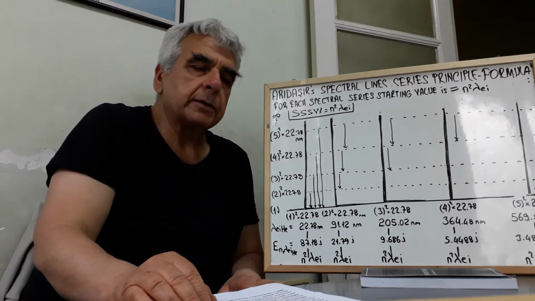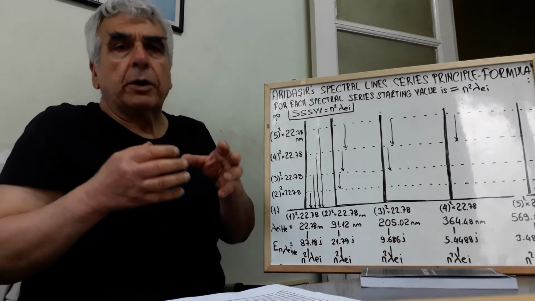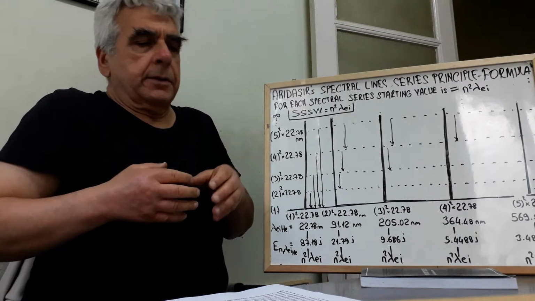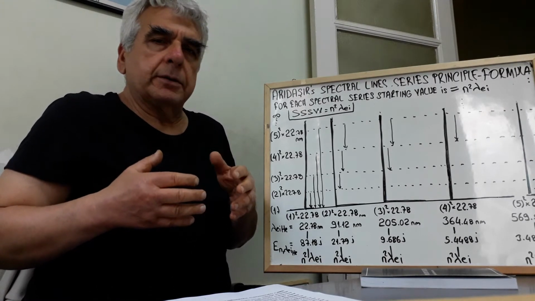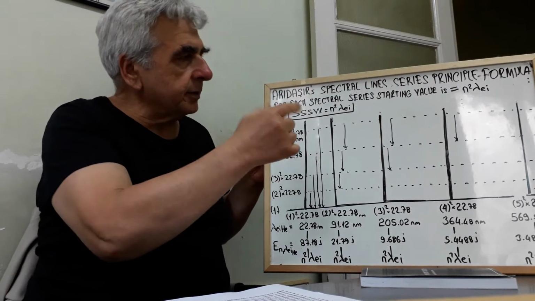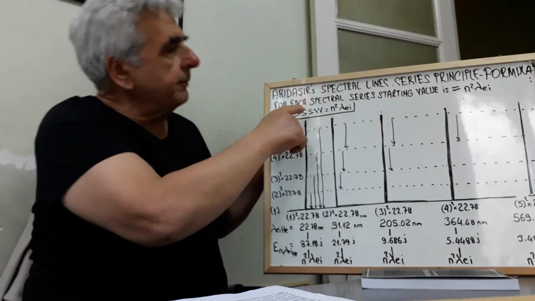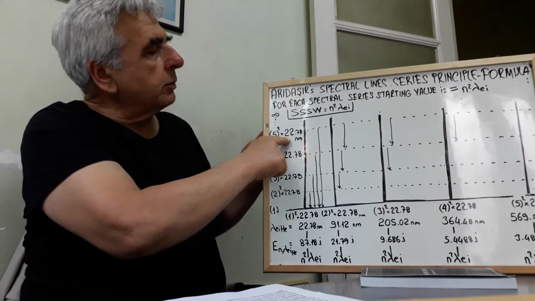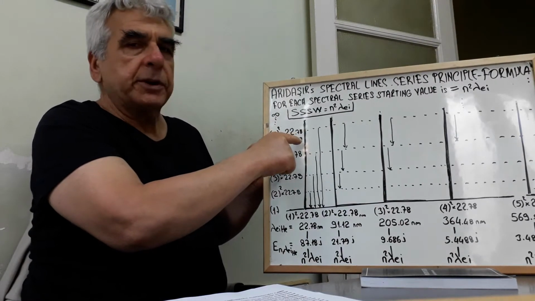Lambda EI is usually the smallest electron's initial wavelength. Here, the smallest electron's initial wavelength of helium is, remember my former video, 22.78 nanometer.